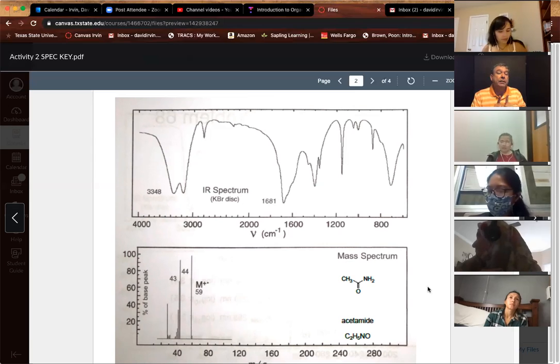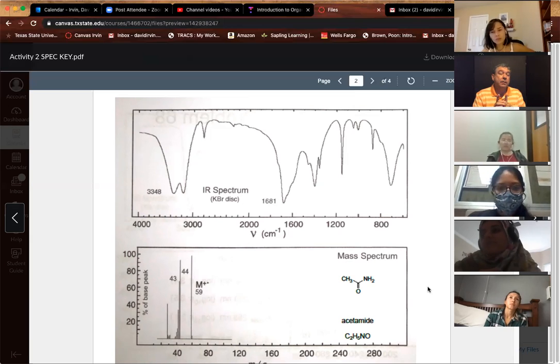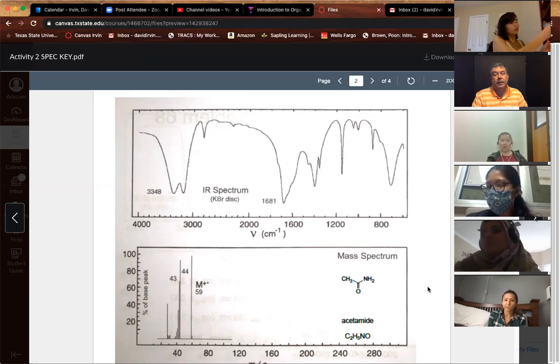However, the broadness of that peak might have given you a little concern. But when you actually read on amides in the book, it'll say that this peak can be broad, but the 2 peaks up in the nitrogen, up in the 3300 range, should definitely say you have 2 hydrogens there.